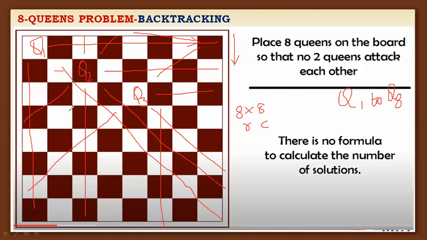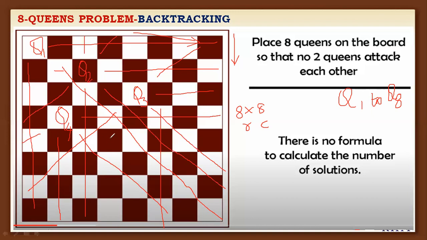Next, the concept is placing of Q4. I can try to place Q4 here. When I try to place Q4 here, the same row is not possible, the same column is not possible, and the same diagonal also is not possible to place. Here also.